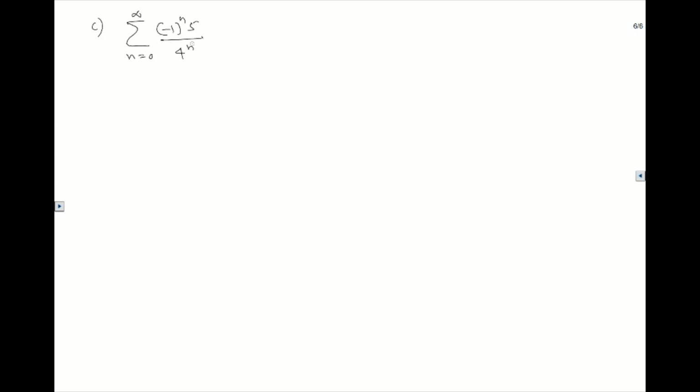You can see that 5 doesn't have n involved, so you can pull that out of the series. So you can write this as sigma, with 5 out, of negative 1 over 4 to the n.